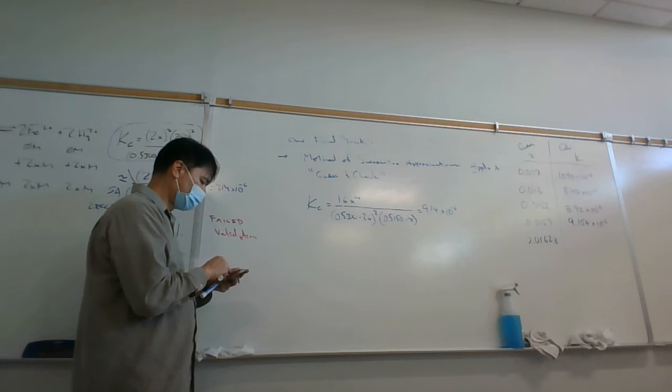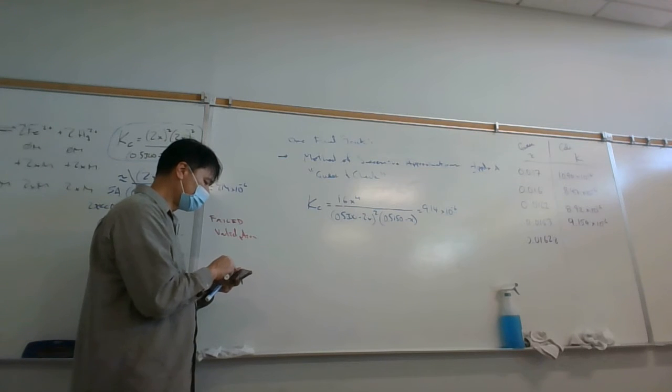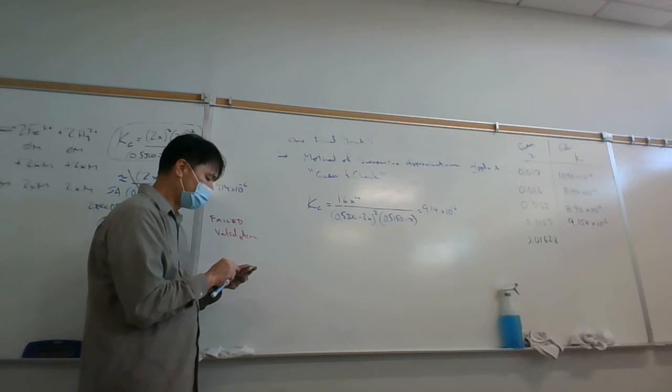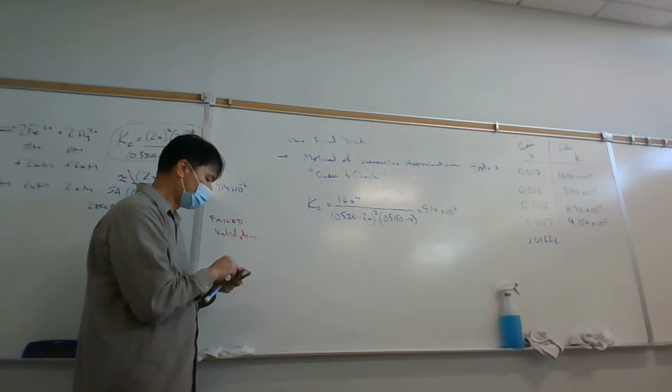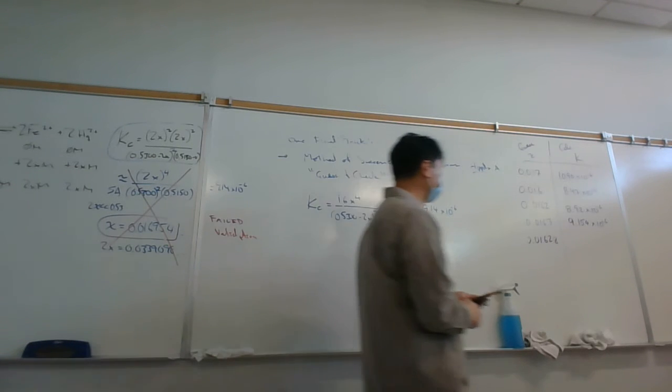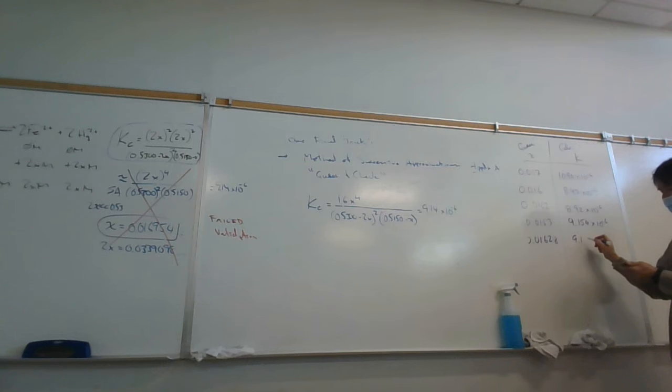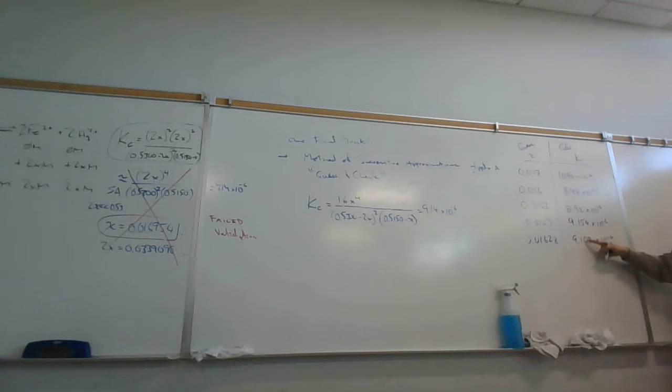Close parentheses, square that, equals, divided by parentheses 0.515 minus 0.01628. Close parentheses. So I get 9.107 times 10 to the minus 6. So this is 911, that's 915. We've got to get to 914. So what do you think?